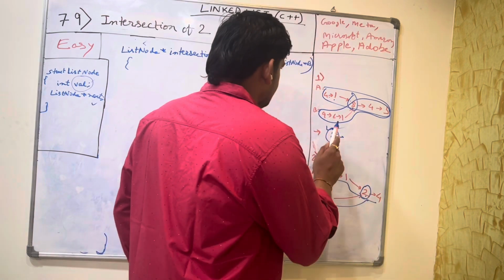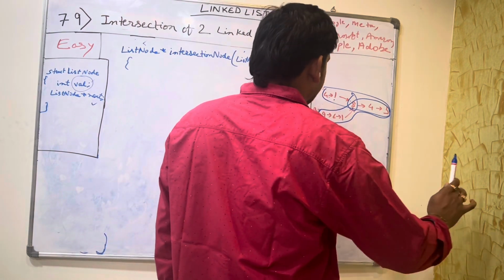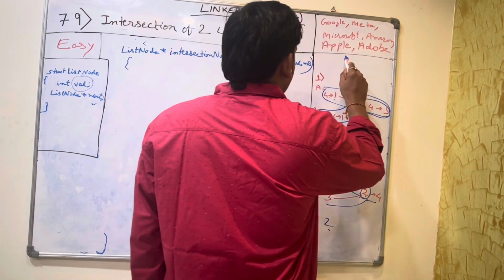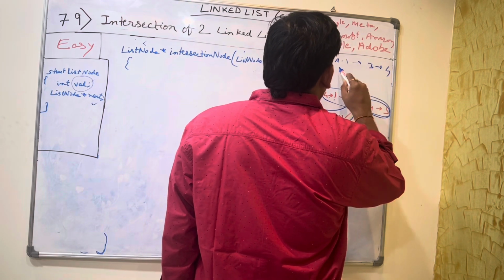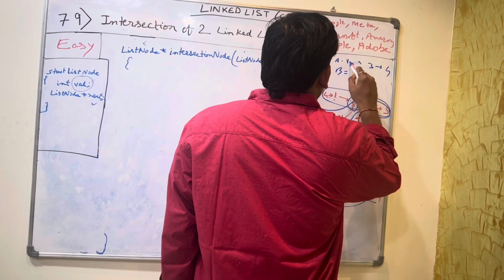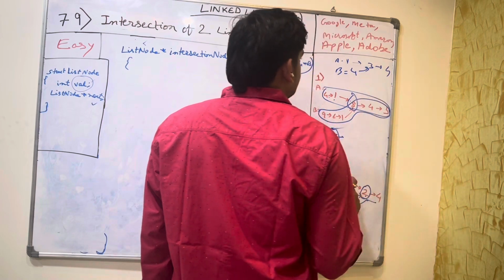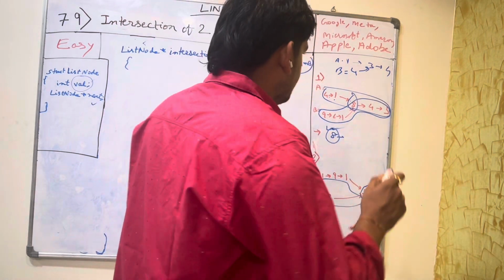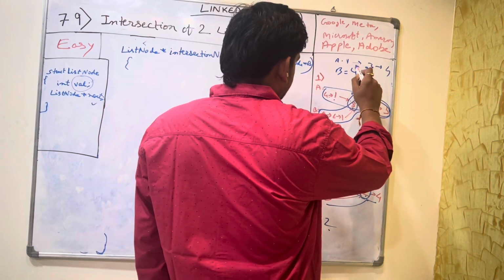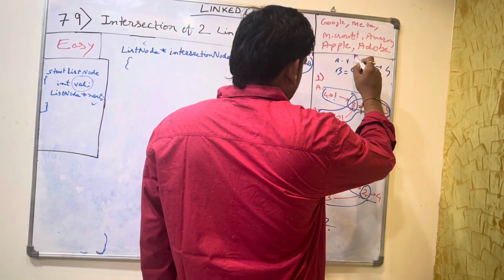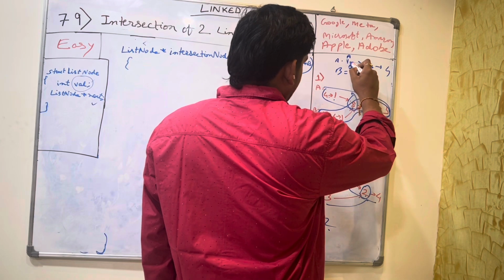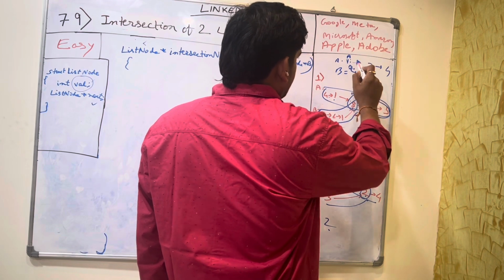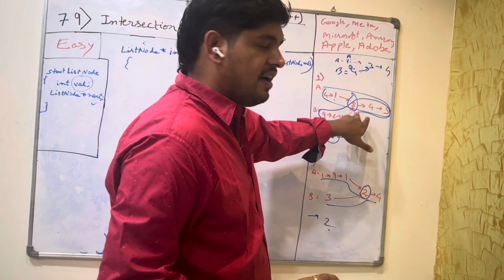What can you do? If the sizes of the lists were the same, say A was 1, 3, 4 and B was 4, 3, 4, then we could have traversed both lists and checked if pointer A is equal to pointer B, because the memory they have taken is the same, right?